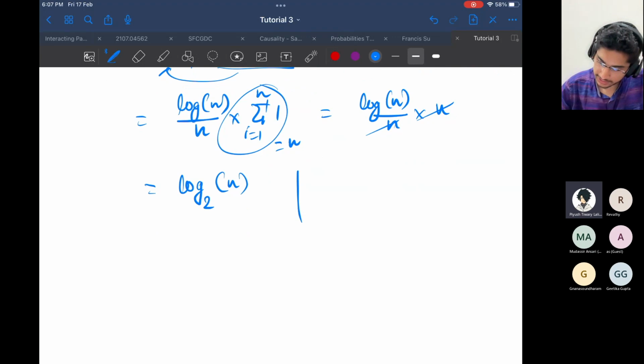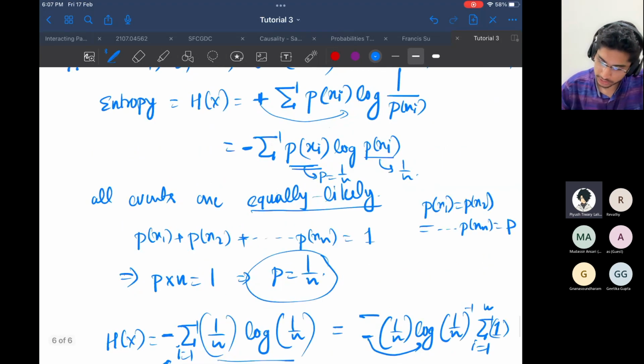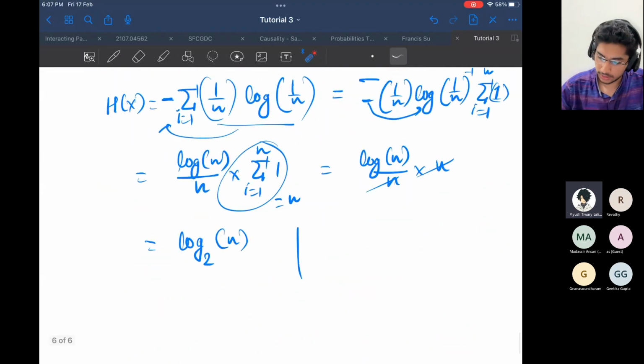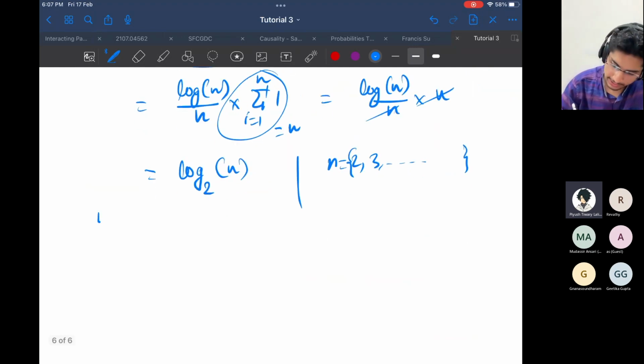And earlier we had seen here, right, what are the possible values of n that it can take? 2, 3, 4 till infinity, right? So let me write it here. n is equal to 2, 3, something like this, any one of these values. So if n is equal to 2, what will it be? Log 2 of 2.